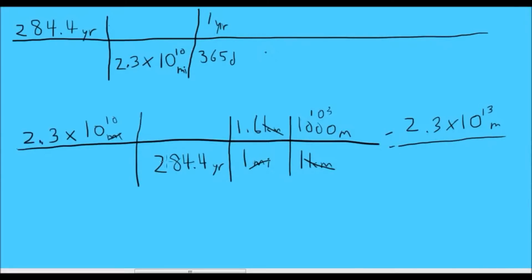And then down here we've got the same numbers as before, 284.4 years. So now we've got 2.3 times 10 to the power of 13 meters per year. Now we know the speed in meters per year.